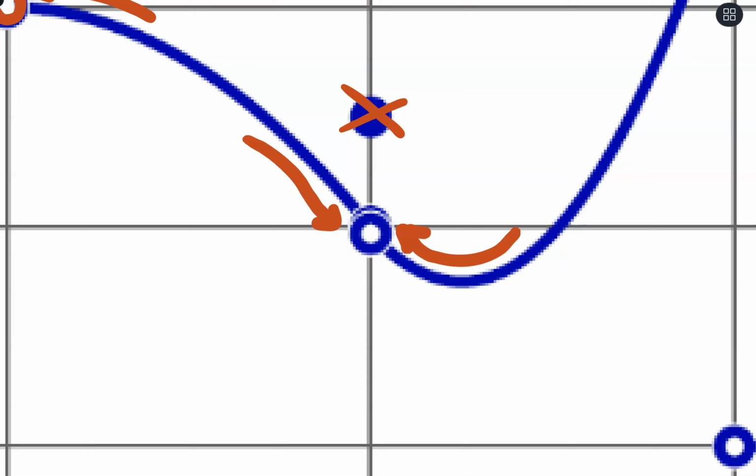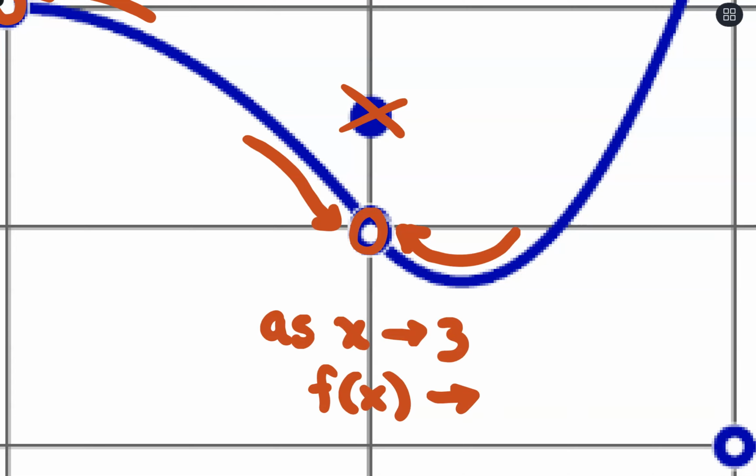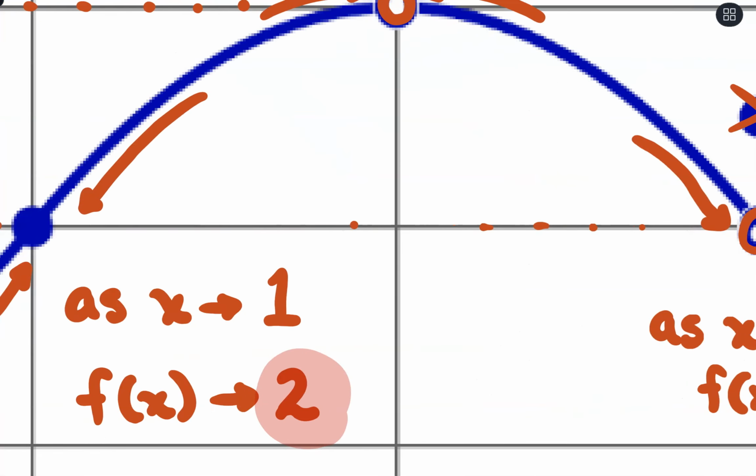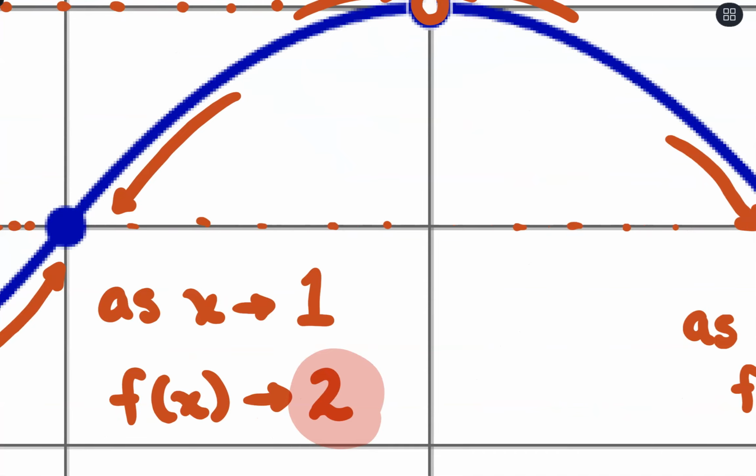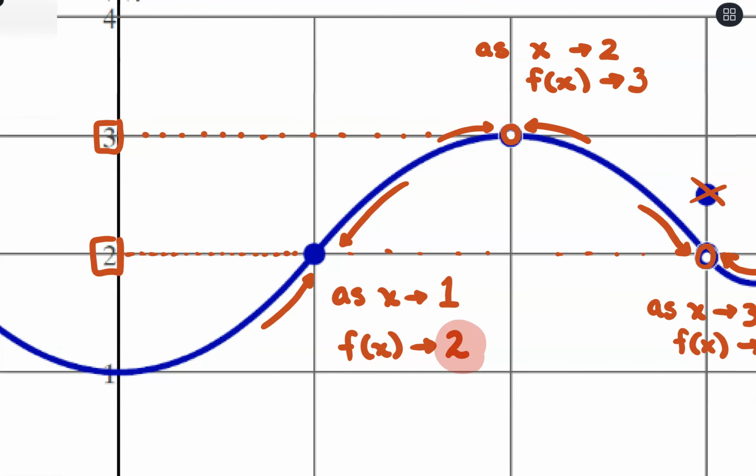So really what we're focusing on is the hole in the graph there, because that's what we would be getting closer and closer to as we approached it. So as x approaches 3, our function is approaching, and then again we want that y value. We just map to the y-axis, and it would be that same value of 2.